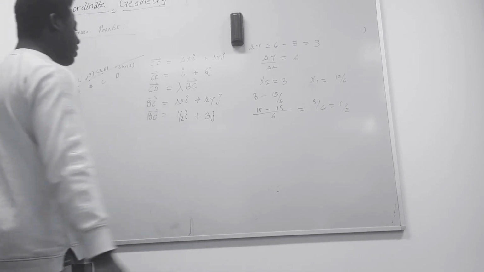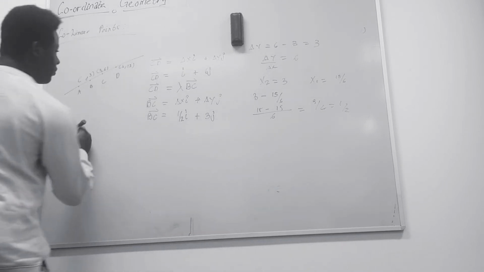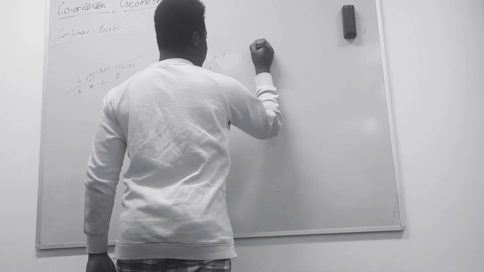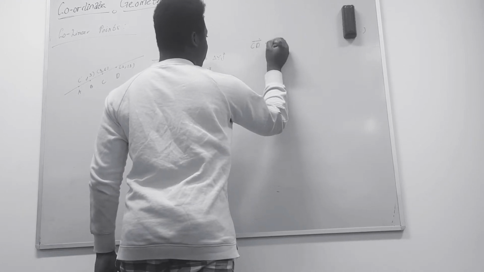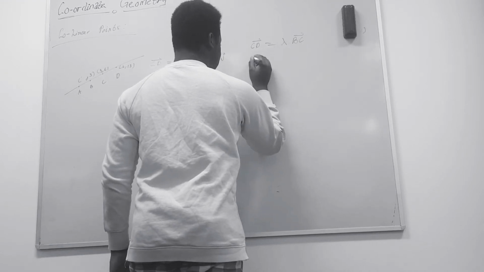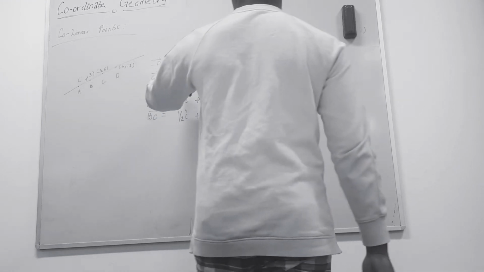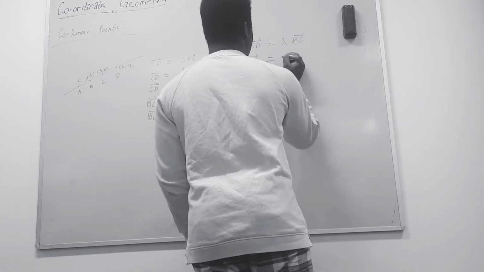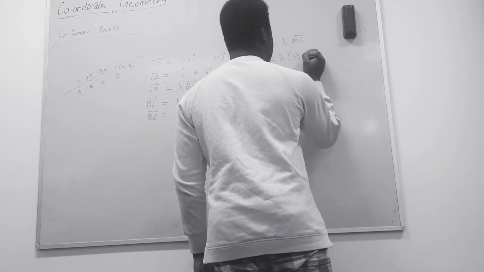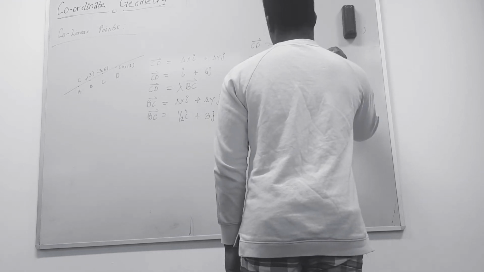If I multiply, okay, so this is the idea. I'm not going to multiply straight away. But look, I want CD, I guess I should write this here. I want CD to be a scalar multiple of BC. So I want CD to be equal to some number. I know what CD is: i plus 6j. CD to be some number times BC, and BC is a half times i plus 3j.